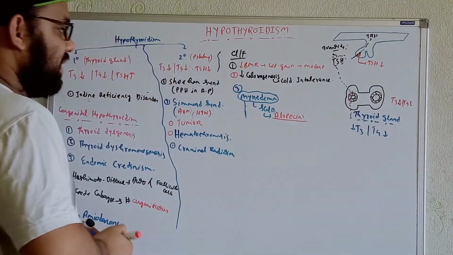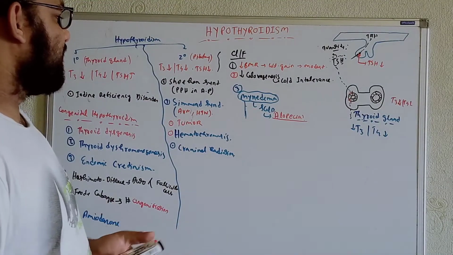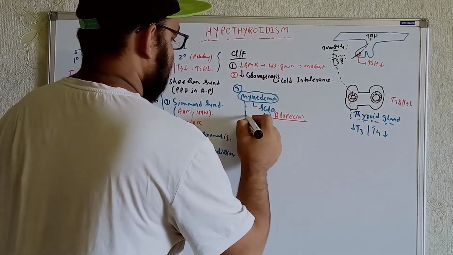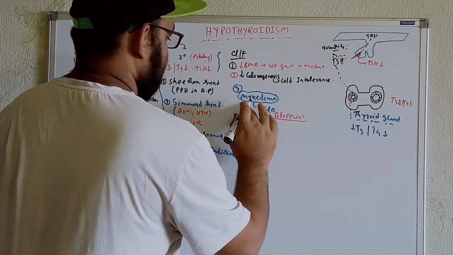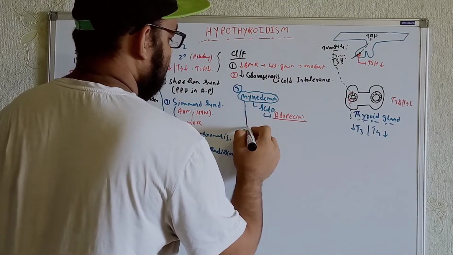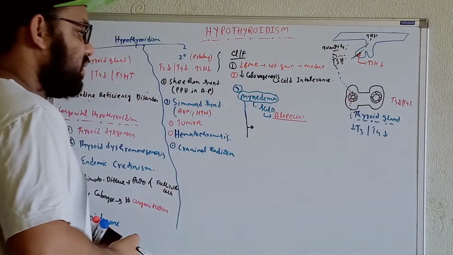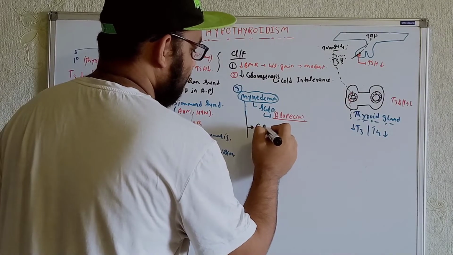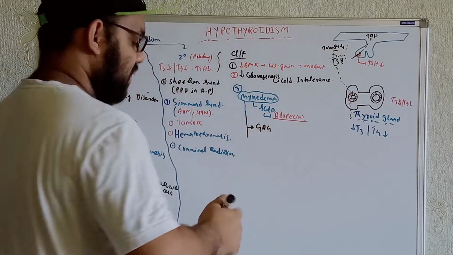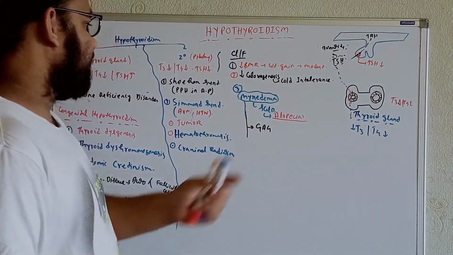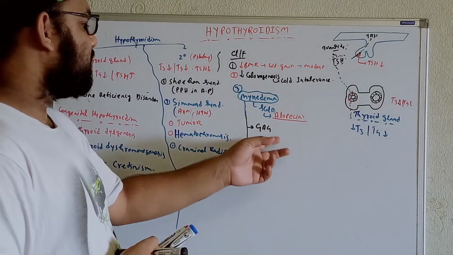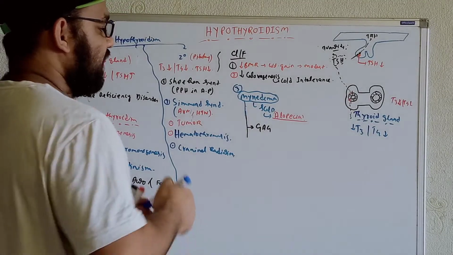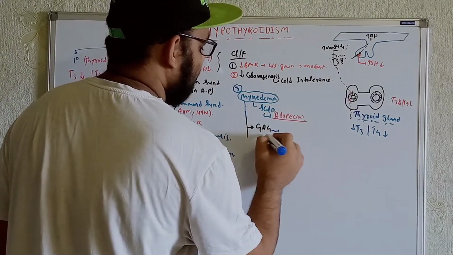The second thing we can get, if we look at the myxedema: within the myxedema we know there is one component known as GAG, glycosaminoglycan. The property of this component is that it can trap water.